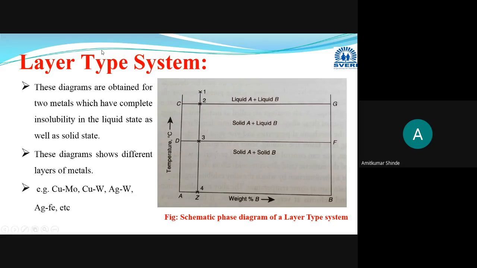When temperature reaches point 2, as this is the melting point of element A, this liquid A will get solidified. And below this, from 2 to 3, this alloy will be in the solid plus liquid state.